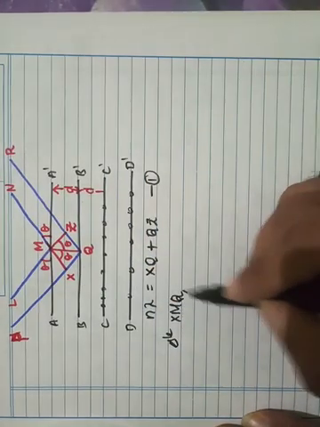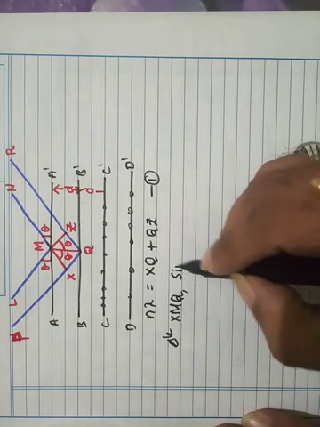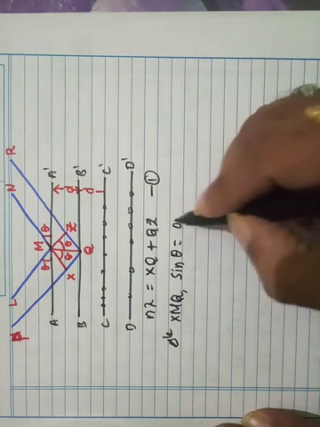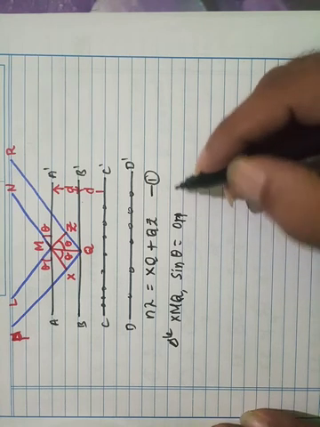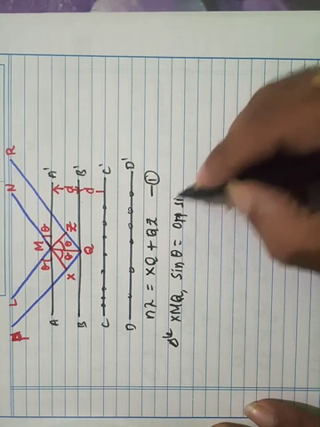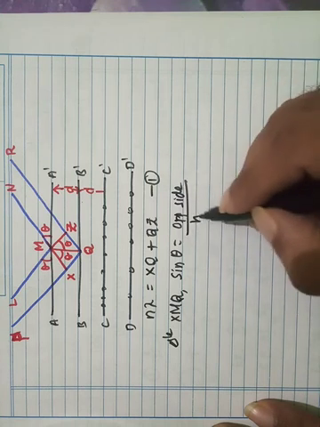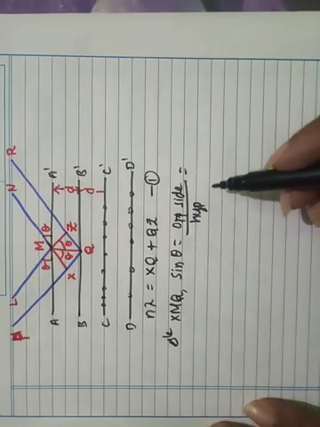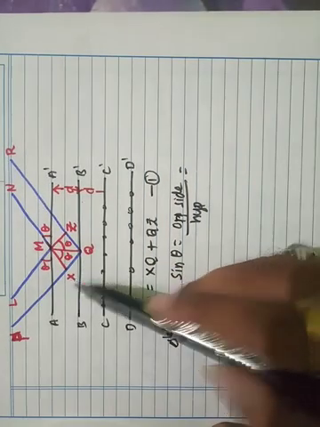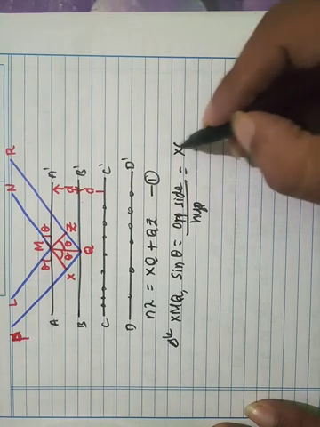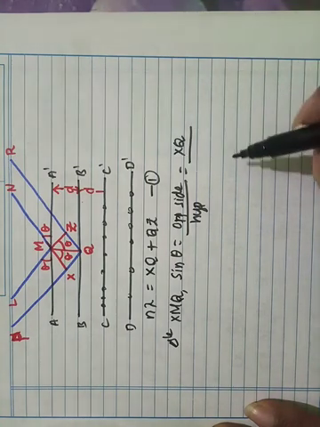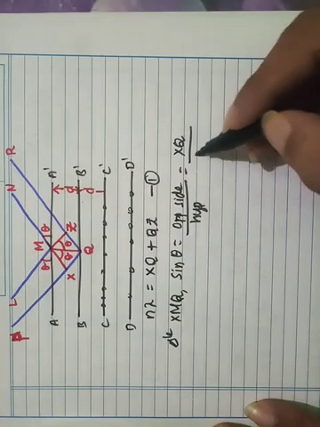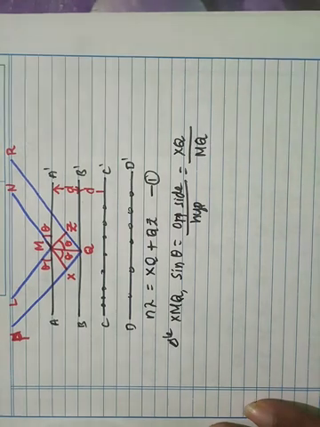For this triangle, sin theta is given by the opposite side by the hypotenuse, that is xq divided by mq.